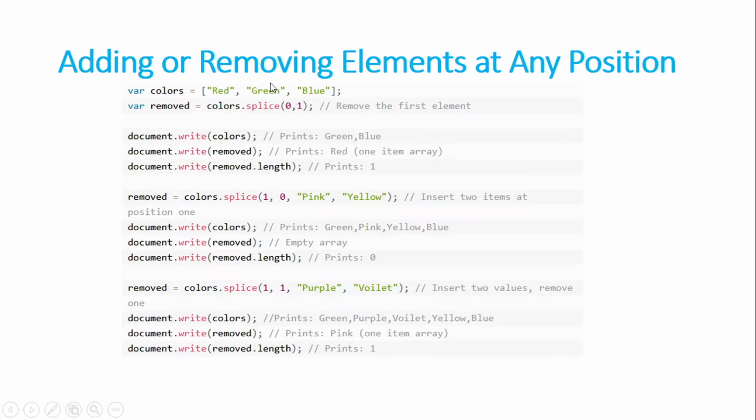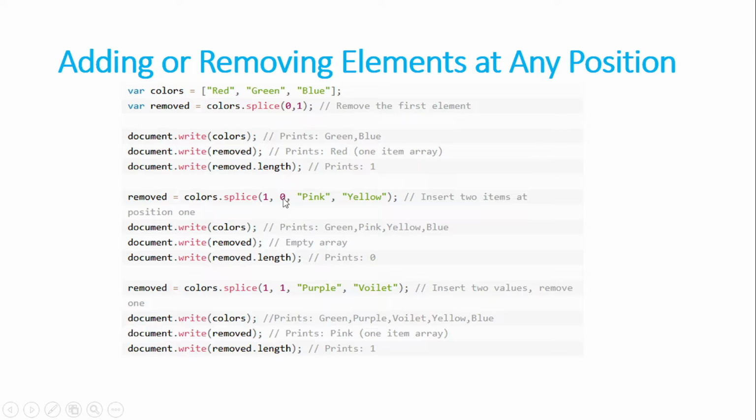Now red is not there, so we're taking this array as green and blue. So 0, 1. Starting from blue, or before blue, it will add the elements which we specify here, pink and yellow. This 0 actually tells us that we don't want to remove any element.